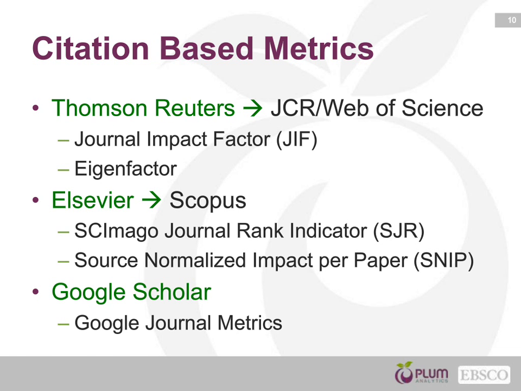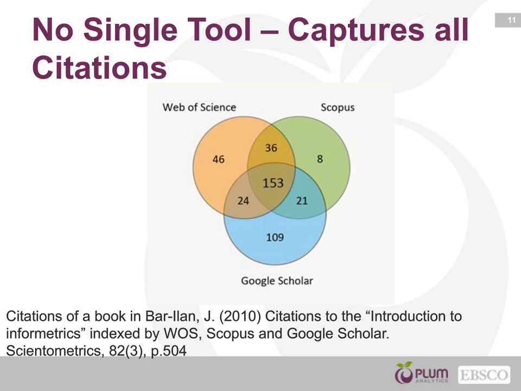If we look across these 3 different collections of citations, no one tool captures every citation. This is an example of citations of a book, and you can see how many each of these 3 platforms collects and references.